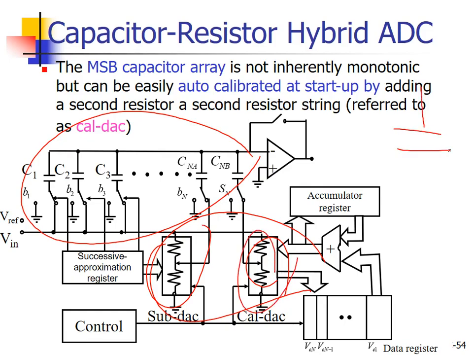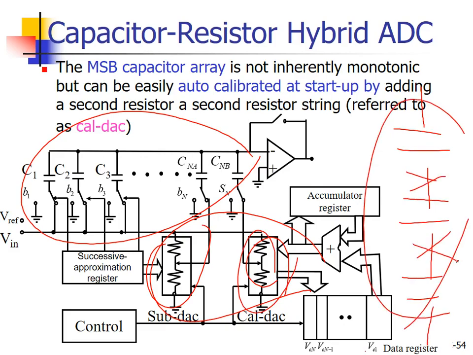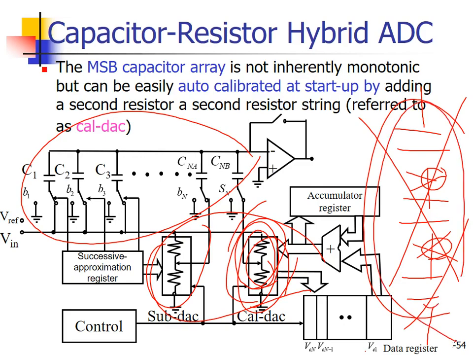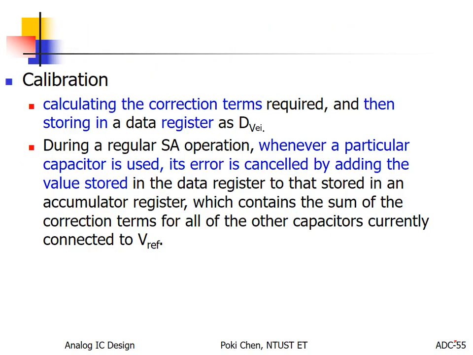I told you already, if you would like to do something like this, no DC path to leak the error, the noise accumulated here or there. So usually we hate this. And this is the reason why for calibration, usually we have R string. Because R string is more immune to noise and interference compared to capacitor string. Anyhow, that is for calibration.